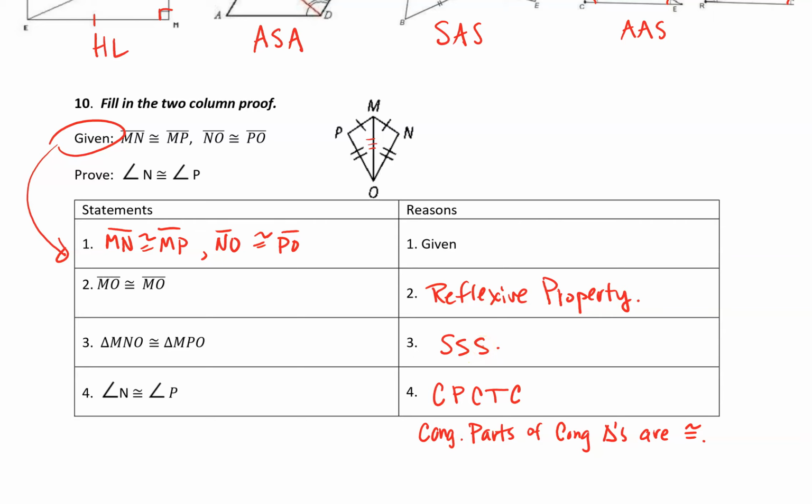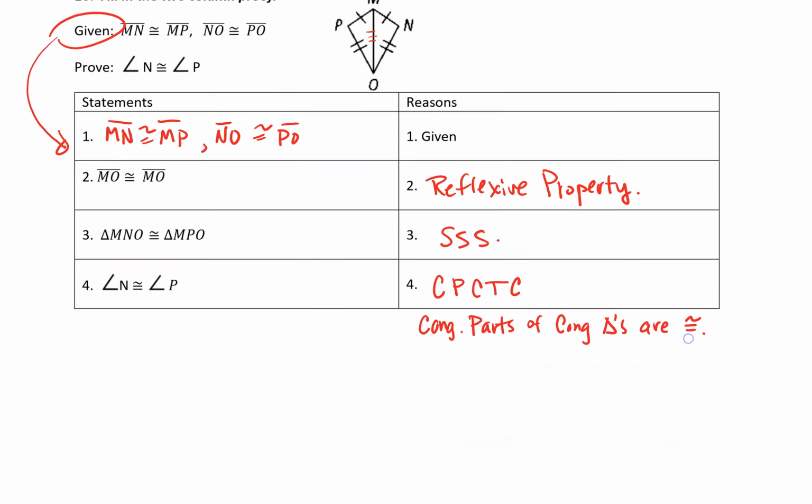And then angle N is congruent to angle P. So once the triangles are congruent, all of their parts are congruent, all of their angles and all of their sides are congruent. So this abbreviation, CPCTC, just means that congruent parts of congruent triangles are congruent. And you'll see that a lot of times once you've proven the triangles congruent, you then show that the angles are congruent.